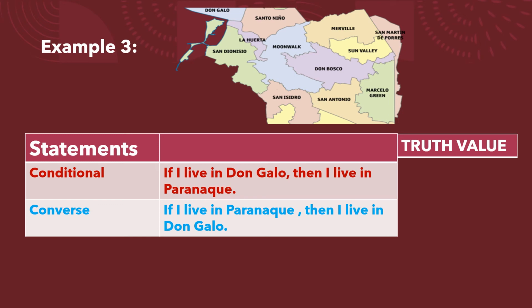Is it true that if I live in Dongalo, then I live in Parañaque? Yes, it's true. Now let's check our second statement, the converse statement. If I live in Parañaque, then I live in Dongalo. Do you think it's always true?